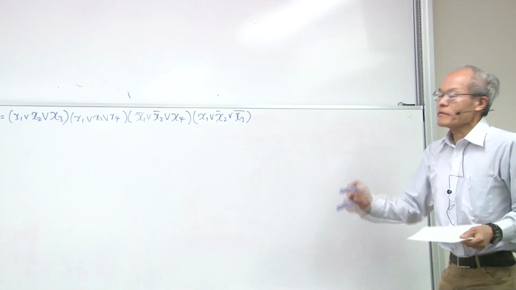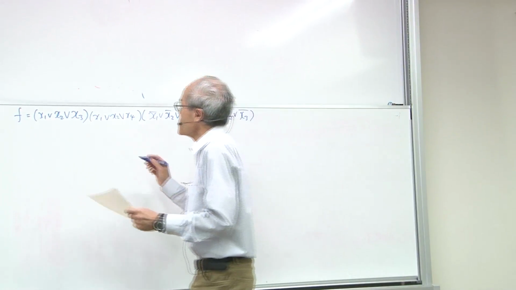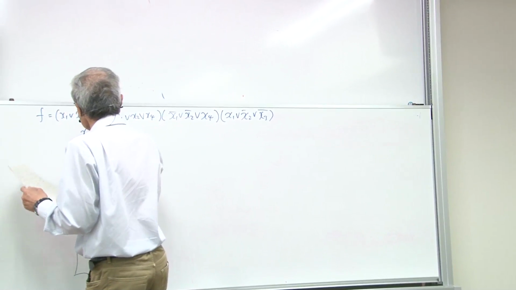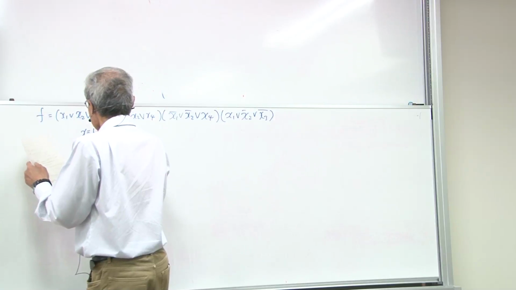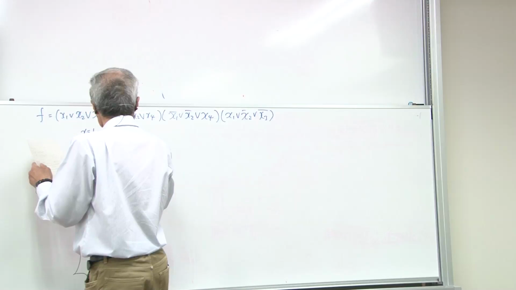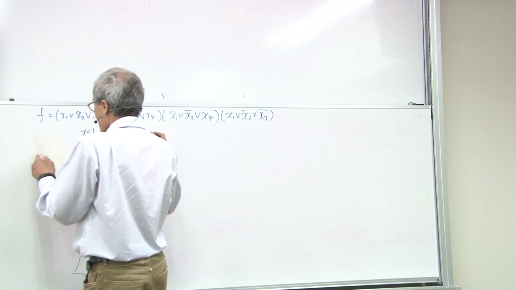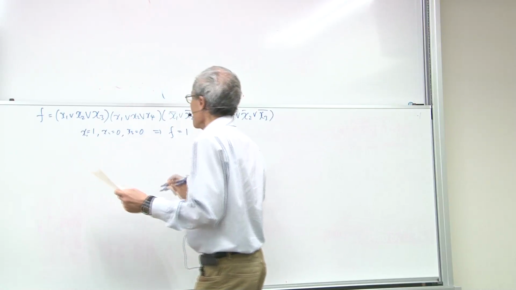Then this formula is satisfiable. Why? Because if you assign x1 is equal to 1, x2 is equal to 0, and x3 is equal to 0, then F becomes 1.